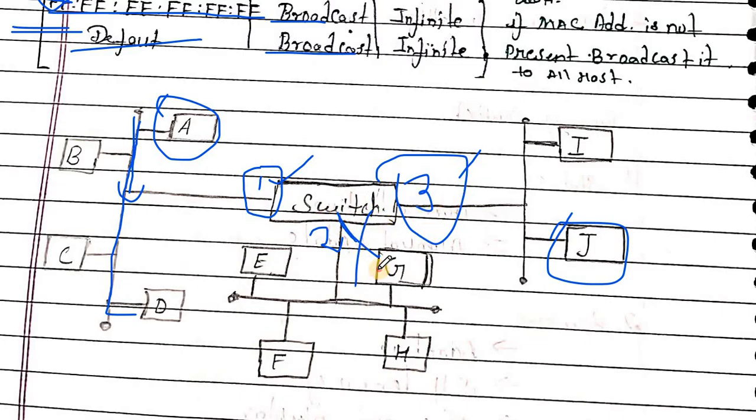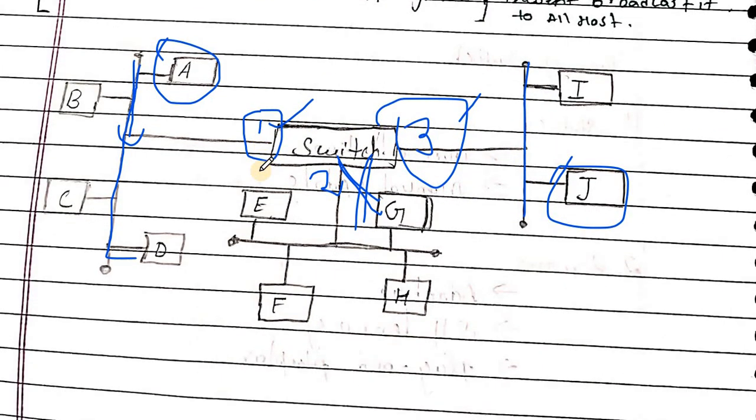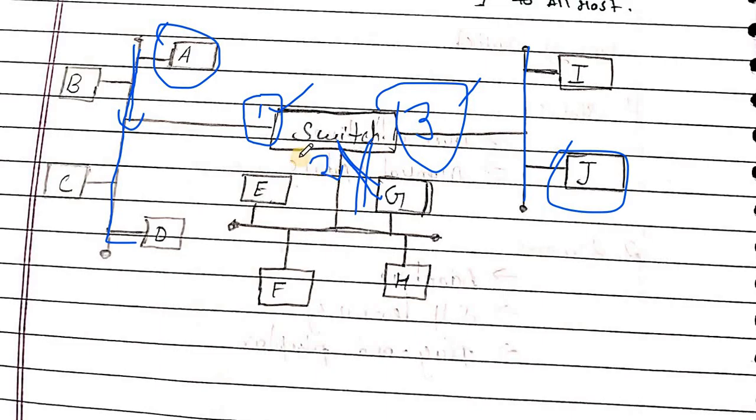So it does not transfer the frame into network 2 via port 2. It transfers the frame into port 3 where the destination MAC address belongs. So here selective forwarding happens.